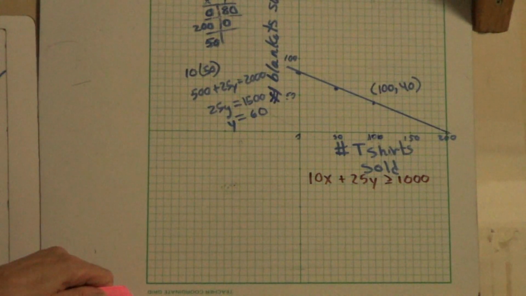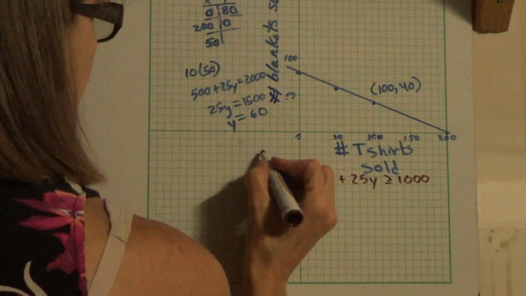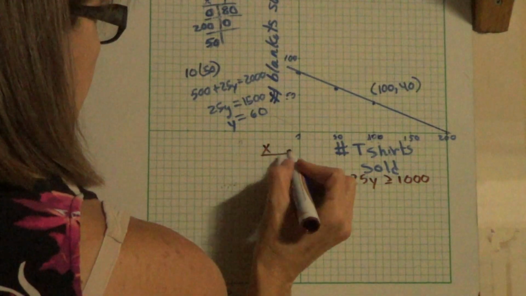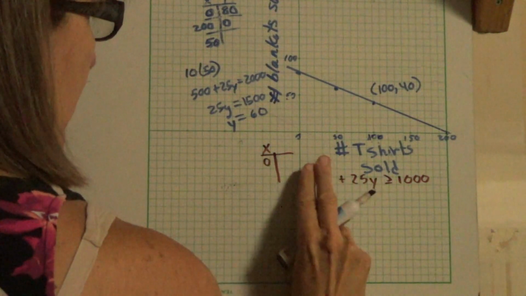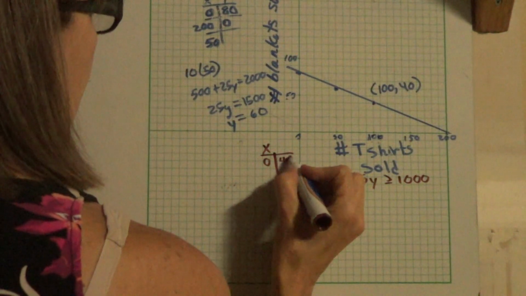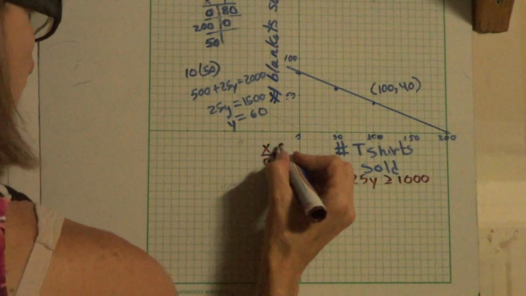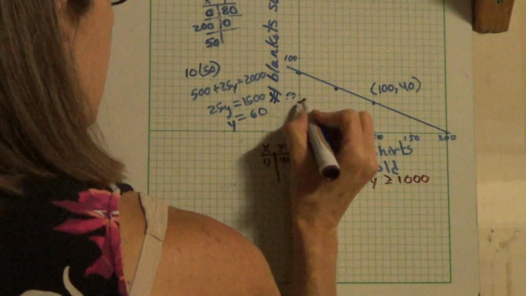Okay? So we can go ahead and calculate like we did before. This time, if we don't sell any t-shirts, 25 goes into 1,000 40 times. So our line would be at (0, 40).